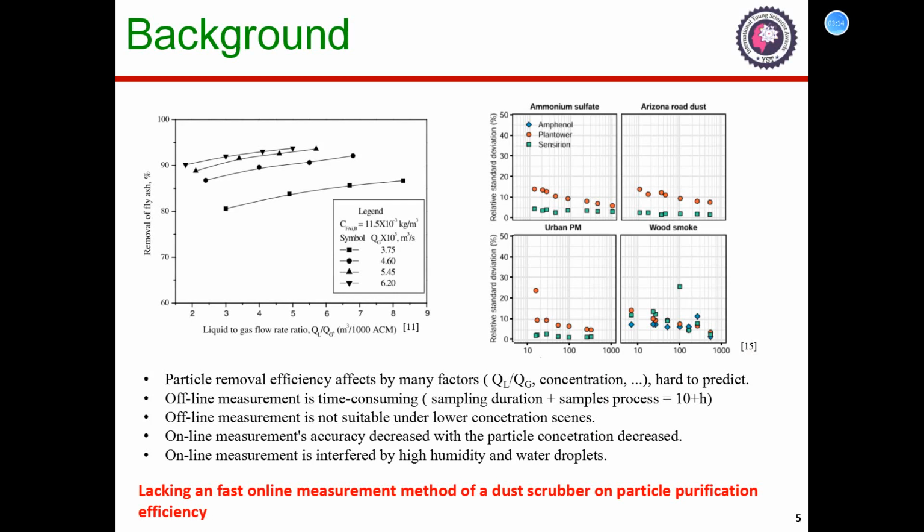Its accuracy decreases as the particle concentration decreases, and it is interfered with by high humidity and water droplets. So both methods are not suitable for use in the wet scrubber. So there is a lack of a fast online measurement method of the wet scrubber on particle purification efficiency.